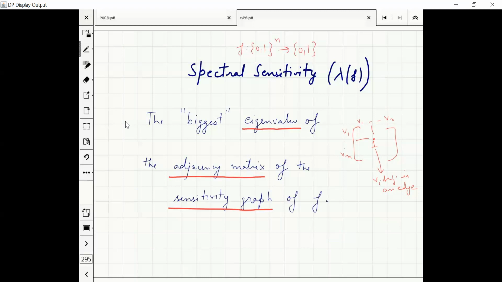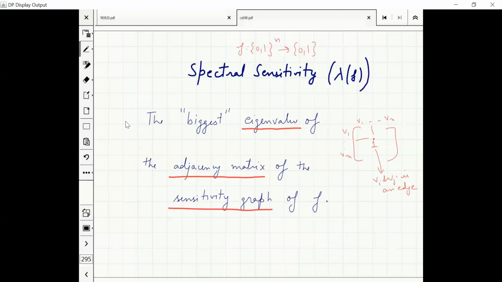So when I say eigenvalue of a graph, I mean eigenvalues of the adjacency matrix of the graph. And now we can talk about eigenvalues of a function. What do I mean by the eigenvalue of a function? The eigenvalue of a function is the eigenvalue of its sensitivity graph, that is, the eigenvalue of the adjacency matrix of the sensitivity graph.